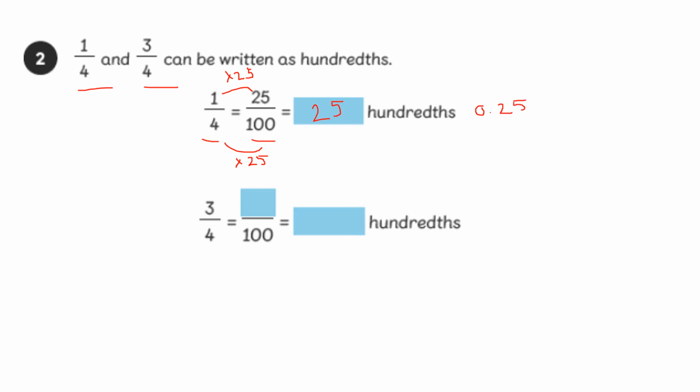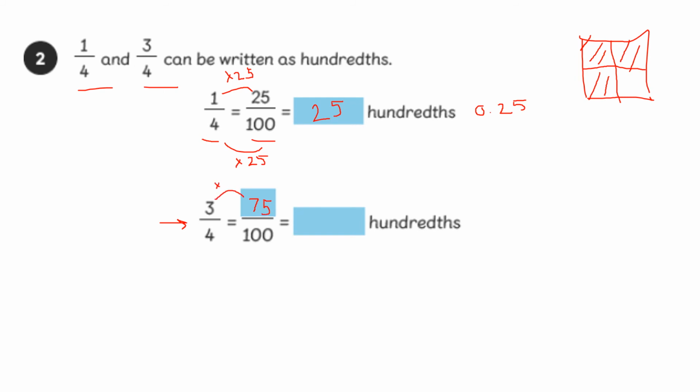Now I don't, as I said, have the 100 square on there, but let's just think if we had 1 whole 100 square, we know that half of it would be 50, and then we know that 1/4 would be 25. So we know that there are 25 hundredths there. Brilliant. What about 3/4? If we know that each of these quarters are 25, we then know that 3 of those quarters is going to be, brilliant, 75 hundredths.